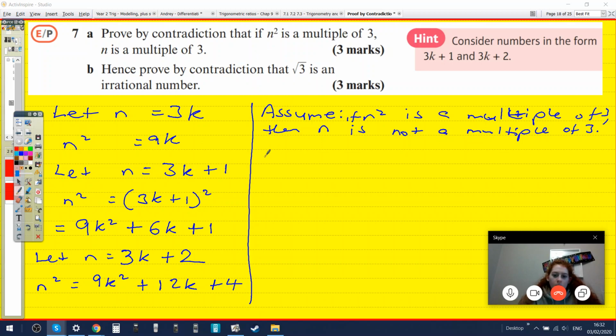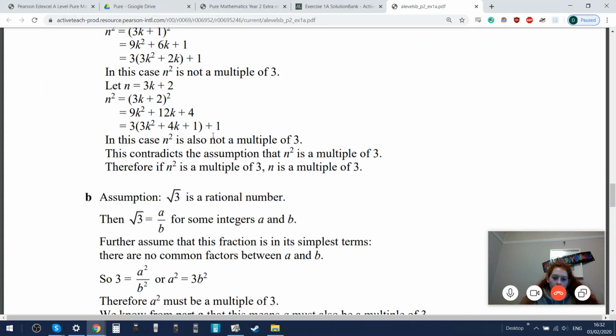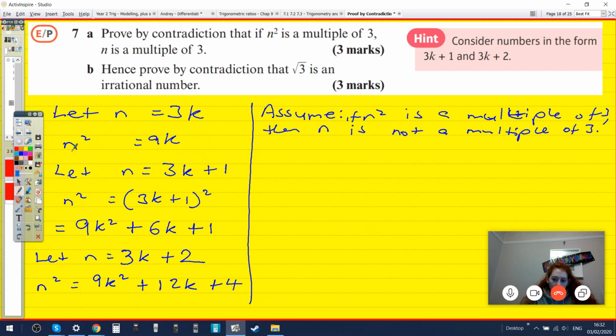So how did they say the end part? Yeah, so basically for the first one, n is not a multiple of 3, nor is n squared.